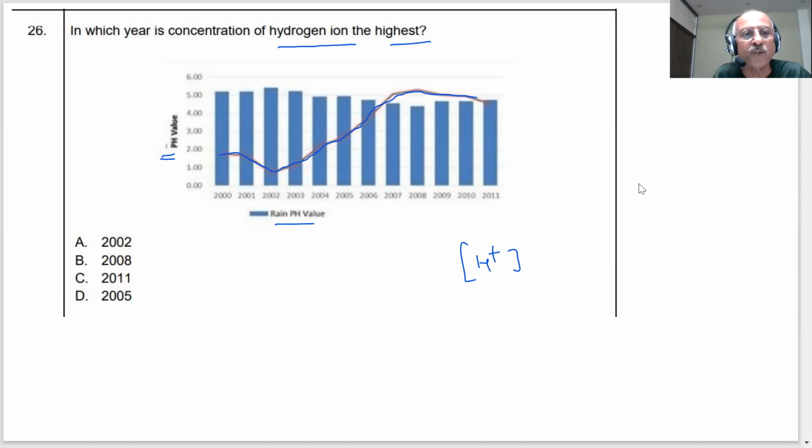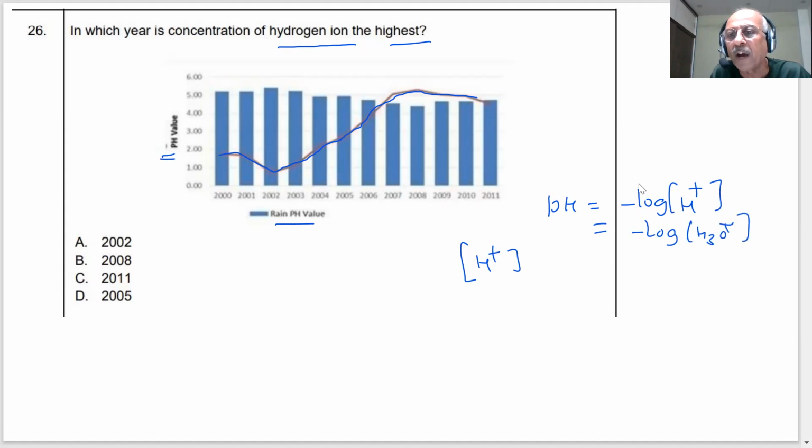You already know, students, the relationship between pH and hydrogen ion concentration. The formula is known to you: pH equals minus log of H+, which is also equal to minus log of H3O+. There is a pH scale: 0, 1, 2, 3, then pH 7, and 8, 9 up to 14.